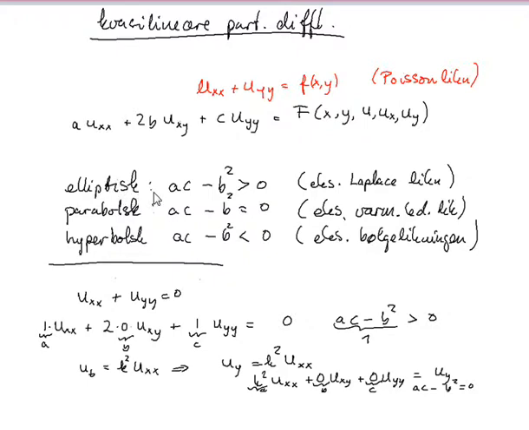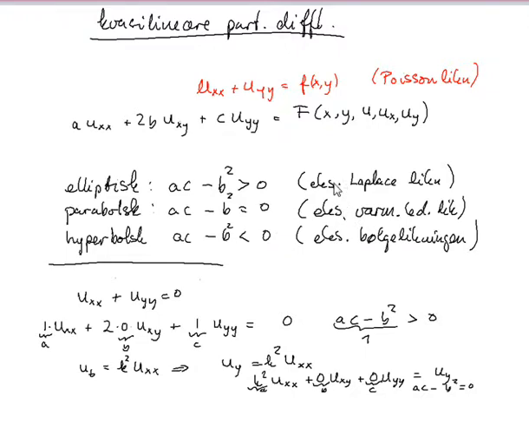They are elliptic if this condition is satisfied, that the constant a multiplied with c minus b square is larger than 0. One example of this is the Laplace equation. It's called parabolic if ac minus b square is equal to 0, and hyperbolic if ac minus b square is less than 0.